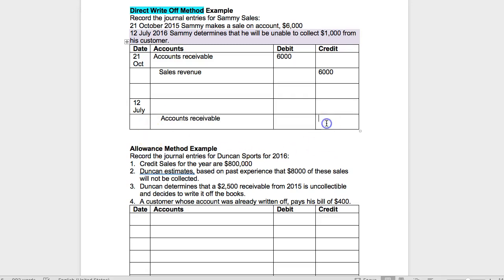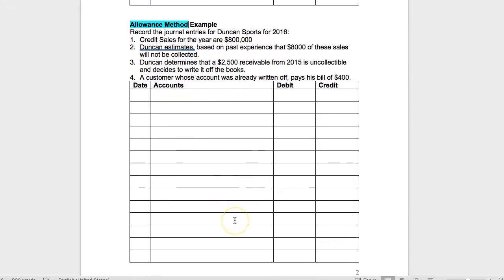The amount is for $1,000. The debit, why are we cancelling the accounts receivable? Determines means knows or finds out that we are unable to collect the money. This is a bad debt expense for the business. $1,000.